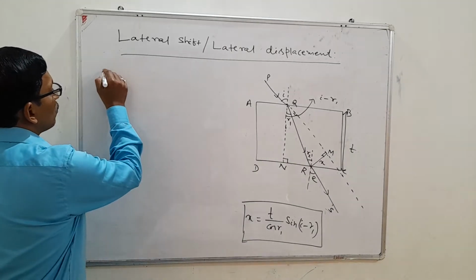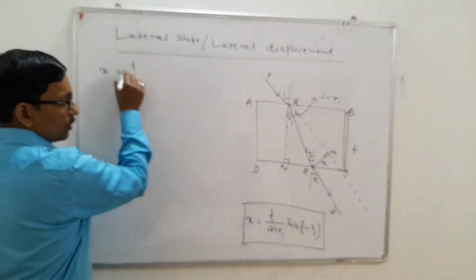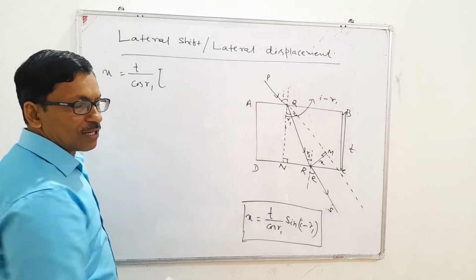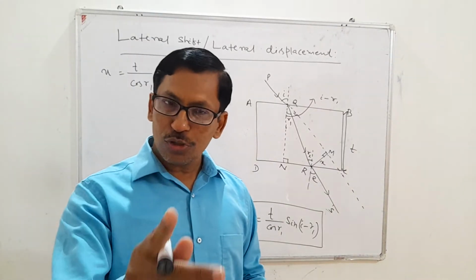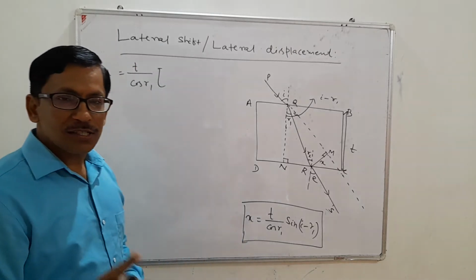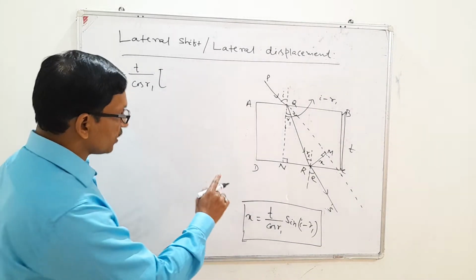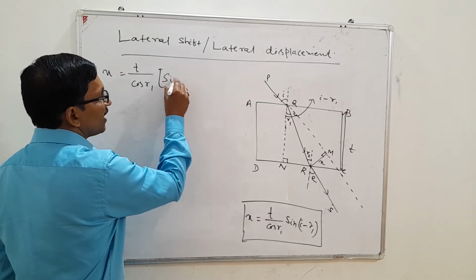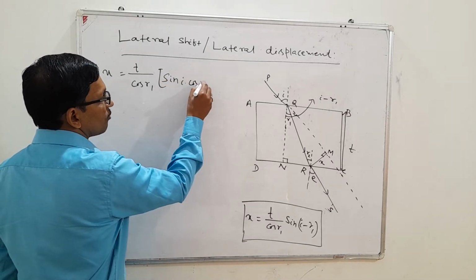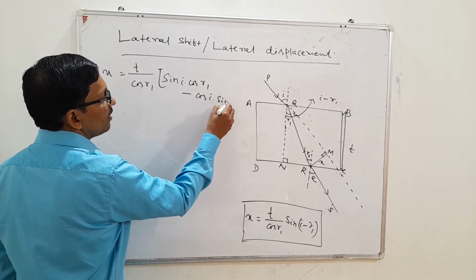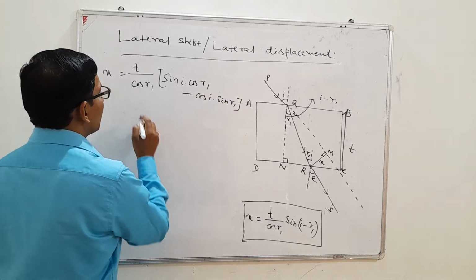So X is equal to t by cos R1 into sin (I minus R1). You know the sin (A minus B) formula: sin A cos B minus cos A sin B. Just open it. So it will be sin I into cos R1 minus cos I into sin R1.